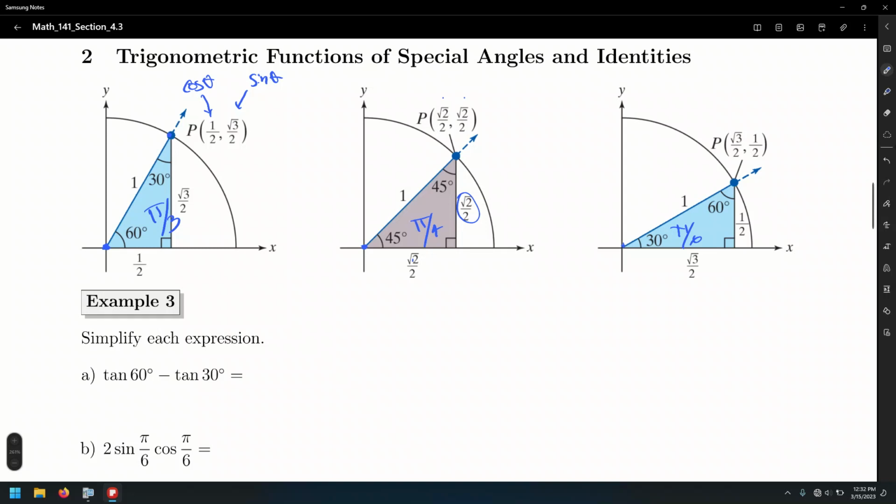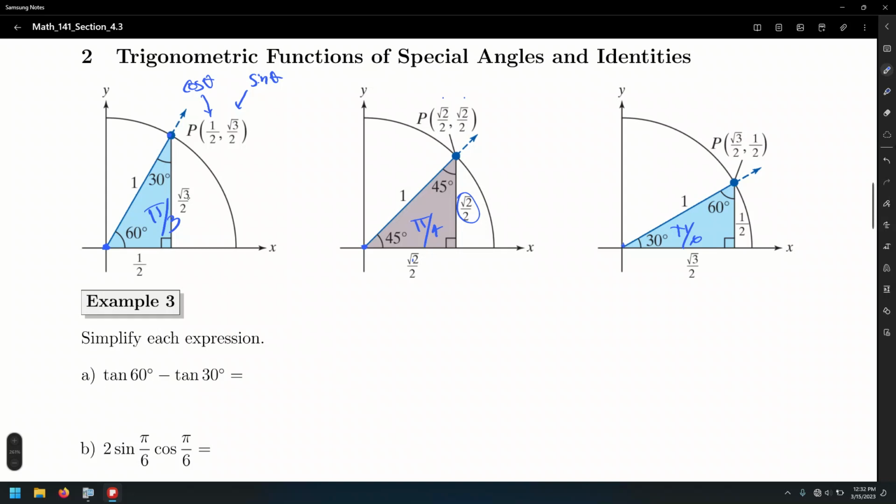Now, first of all, tangent is opposite over adjacent. Isn't that the same as y over x from the unit circle? Essentially nothing changes. All we're doing here is just stamping a triangle. That's all it is.